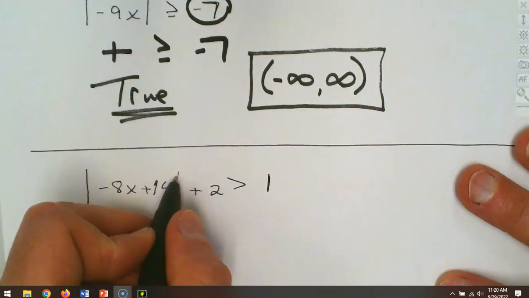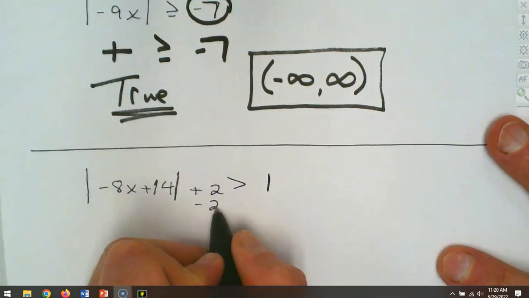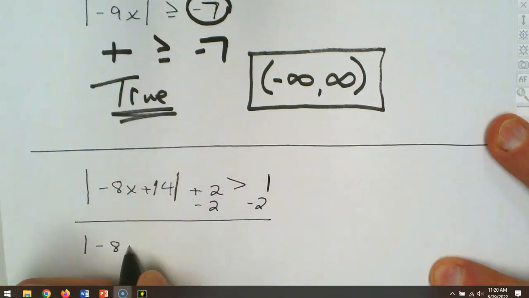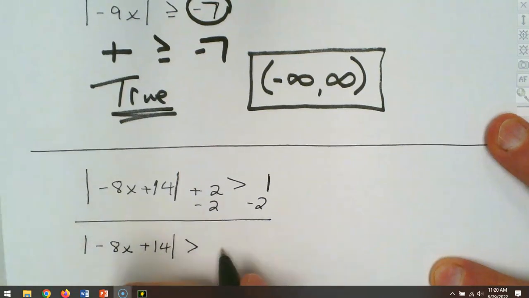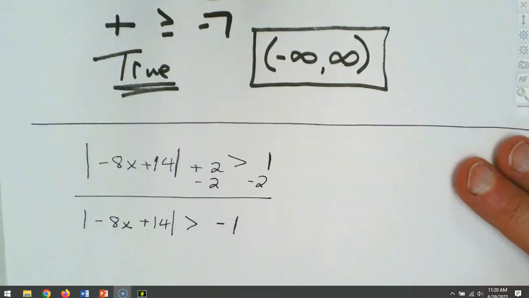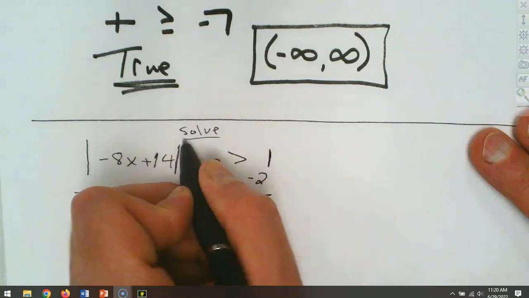And what do we do here? Well, same process. We move that 2 over. And that makes it a negative 1 now, doesn't it? Again, all we're doing is solving.